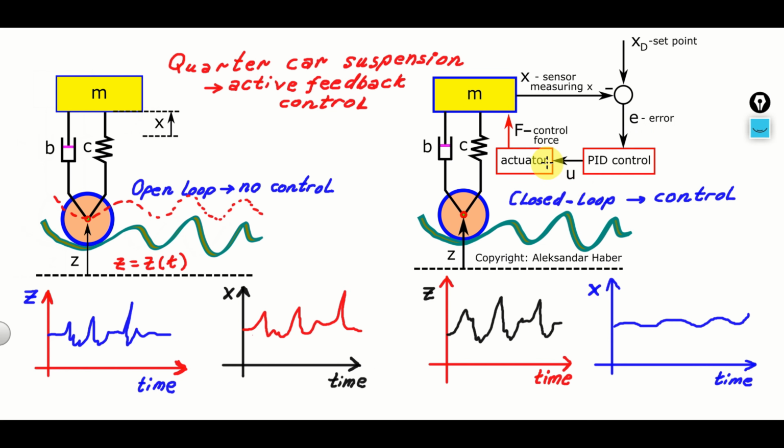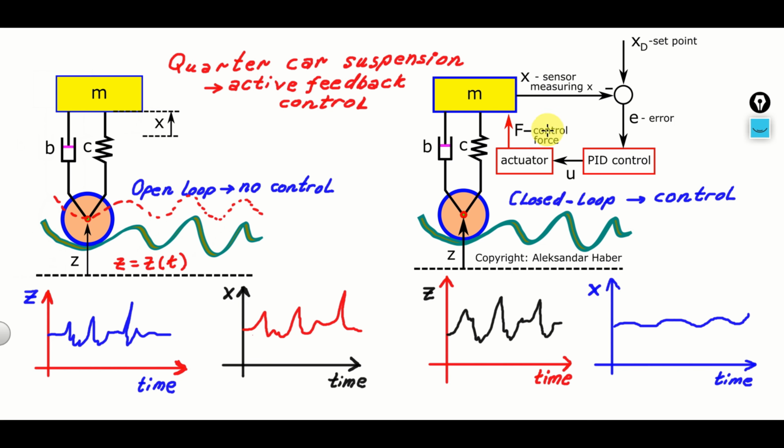The actuator amplifies the control input signal and generates mechanical force F, whose purpose is to stabilize the motion of this mass m, despite the action of the disturbance z. Here it should be noted that this is a very basic control structure.